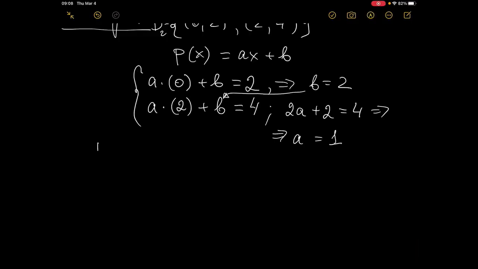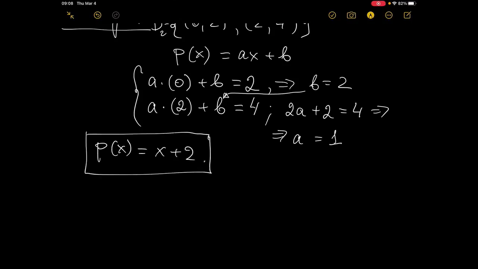So I got p of x equals x plus 2. Clear or not? Clear. So I was able to find a line passing through these 2 points.